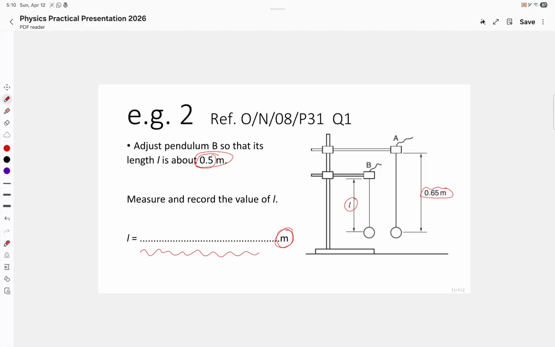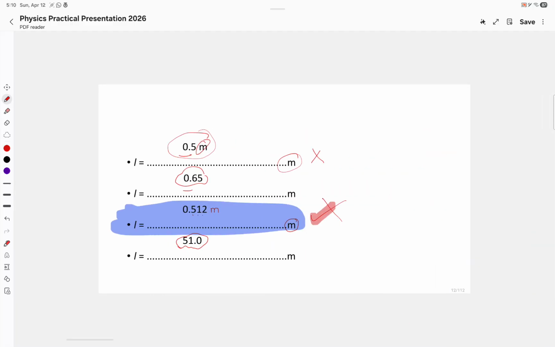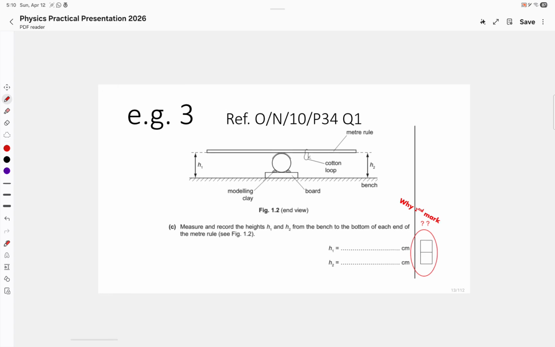All right. So this is the idea of writing the value for a length or a height or a distance. Another example is from the 2010 October November series, paper 34.